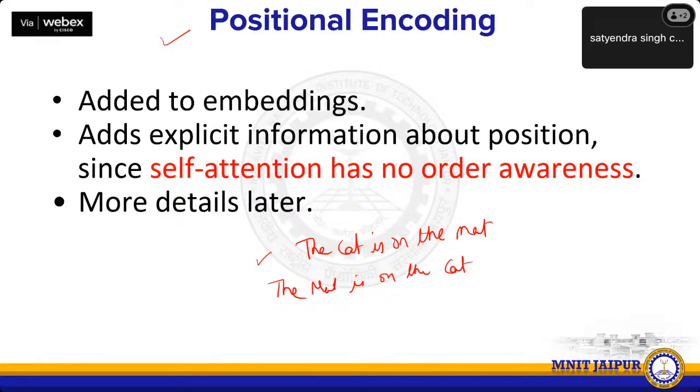And this is typically done using sine and cosine functions of different frequencies, which create a unique pattern for each position. And these patterns are added to the embedding so that the transformer is able to learn the position-aware representation. We'll discuss it in more detail later.